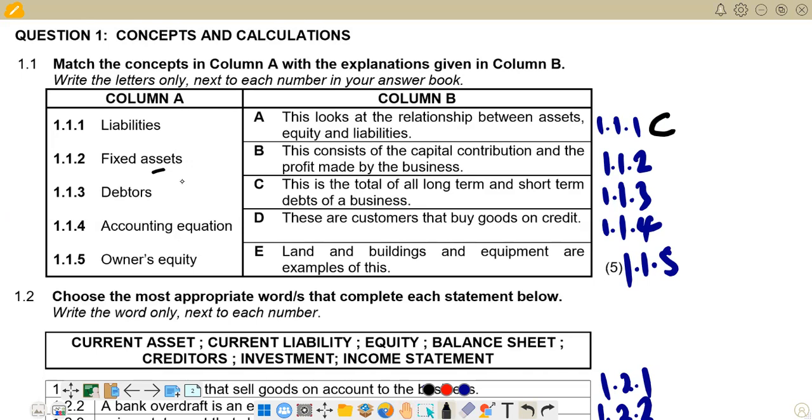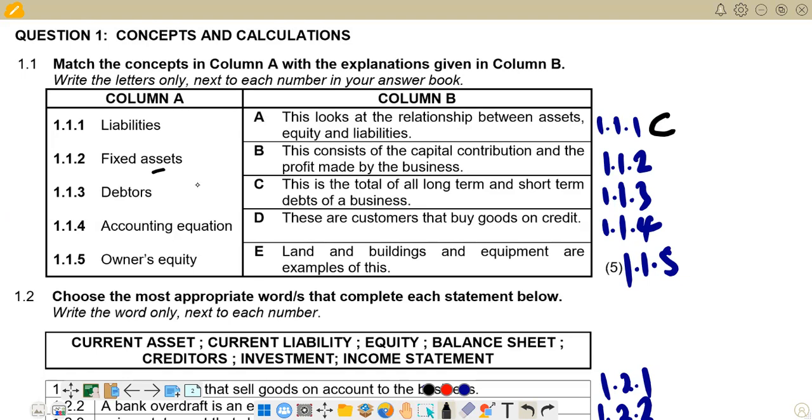Good examples are land and buildings, which are fixed assets. Furniture is also regarded as a fixed asset. Equipment, fixed assets, etc. We have many examples that you can give of fixed assets. At the opposite end, the second class is current assets, which are resources that are going to stay in the business for a period of less than a year. For example, we've got cash and bank.